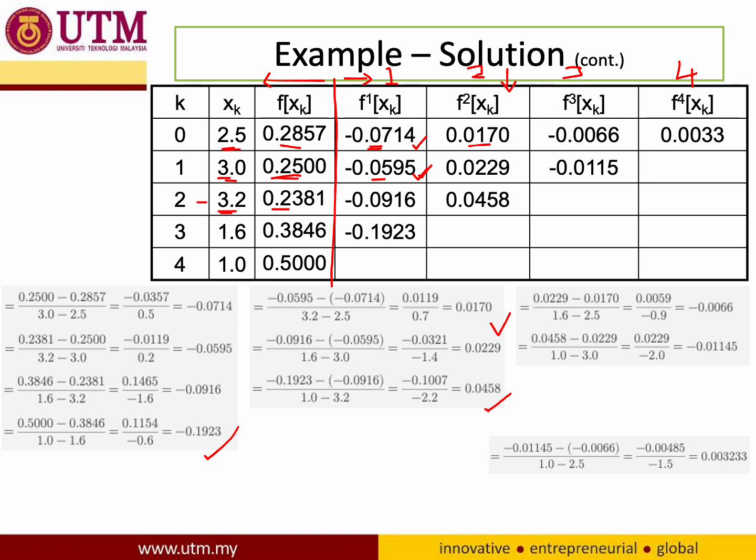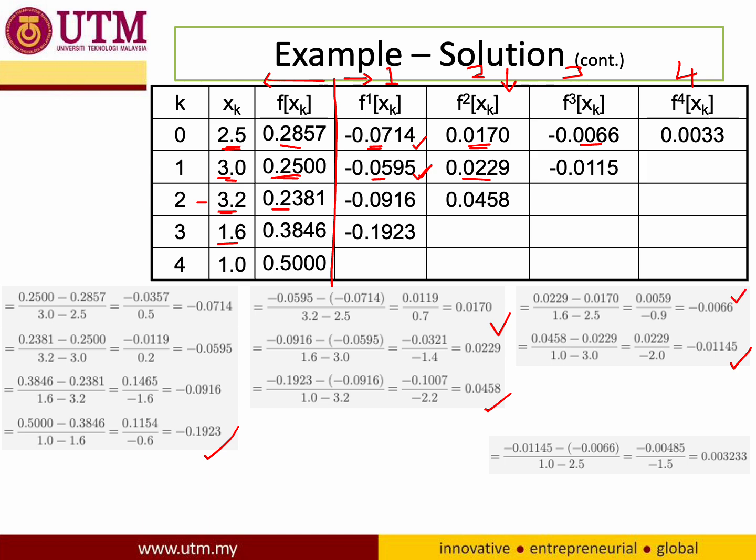You can find here the calculation for the third column. So basically, to find 0.0066, 0.0229 minus 0.0170 divided by 1.6 minus 2.5, right? So you get the answer here.